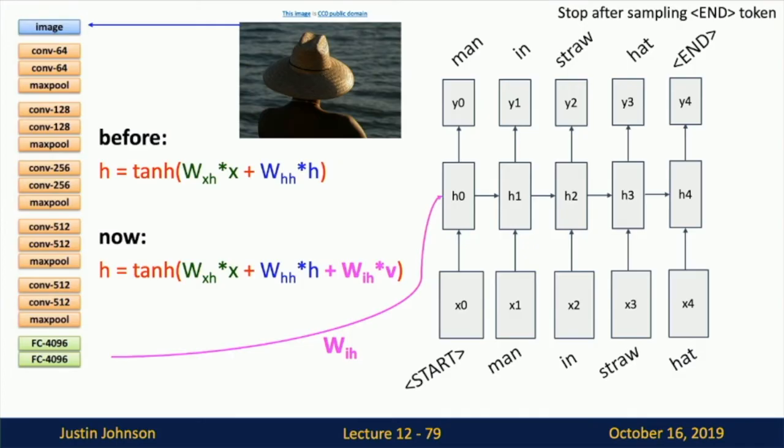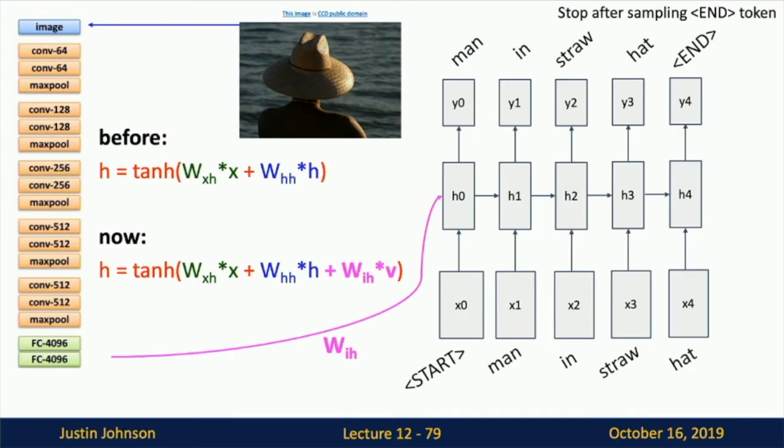Yes, the question is, what's the difference between blue and purple? Here, of these 3 inputs, green is the input of the sequence at the current time step. That would be one of these input tokens: start, man, in, straw, hat. That would be the X at the current time step. The H at the current time step is the blue thing. That's the previous hidden state from the previous time step of the sequence.